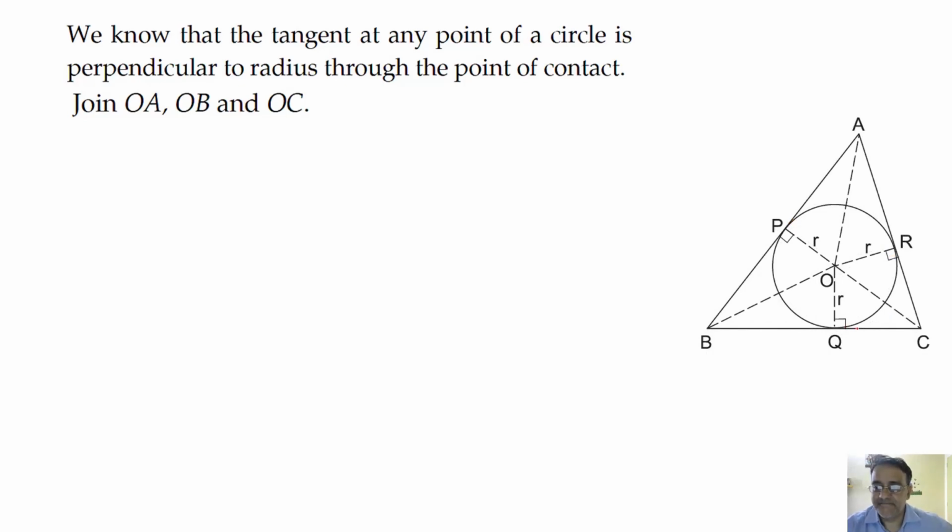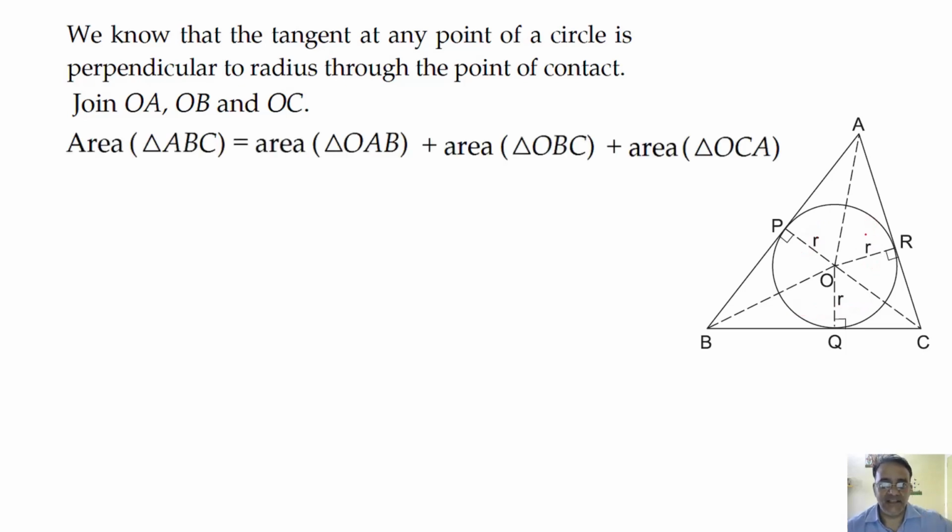Diagram is clear? Now how will you calculate the area of triangle ABC? Area of triangle OAB plus area of triangle OBC plus area of triangle OCA. Okay? The sum of the three triangles is equal to the area of triangle ABC. Now what is the area of this triangle OAB?